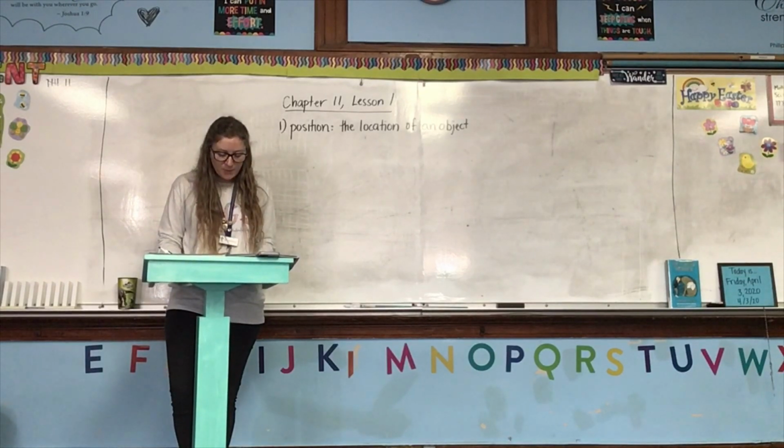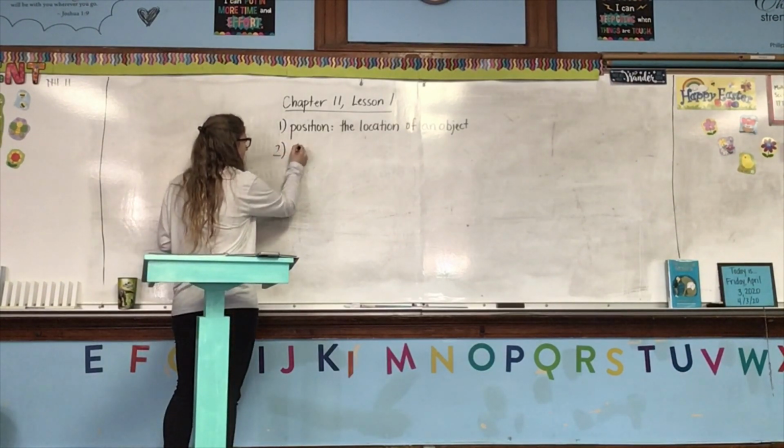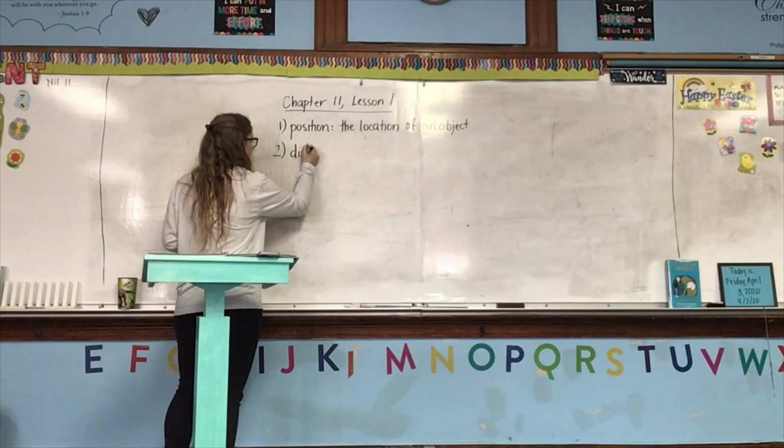Another way to talk about position is to describe distance. Distance means how far apart 2 points or places are. Let's add that as a word. We have distance.